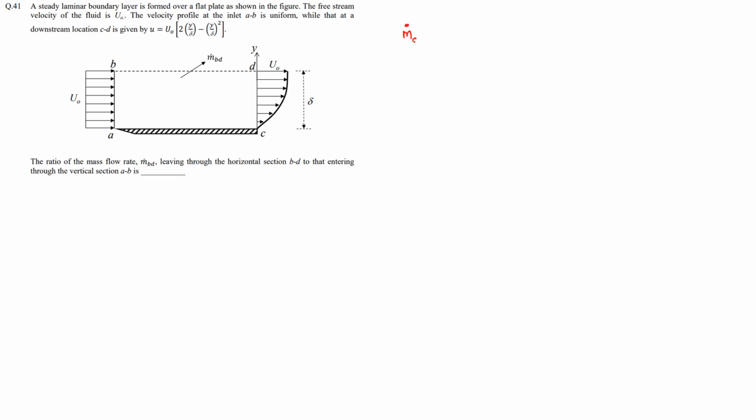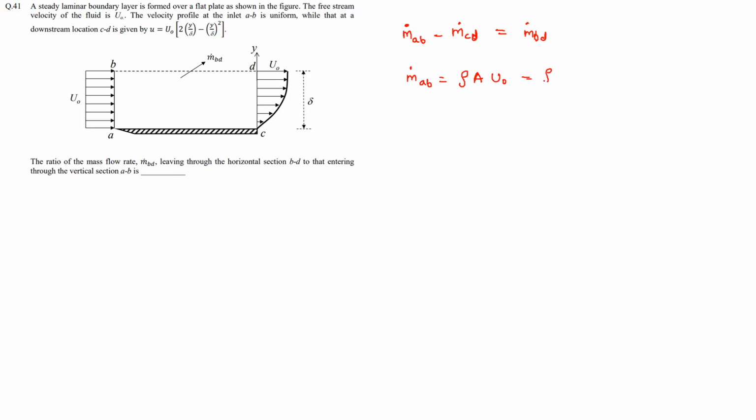M dot AB minus m dot CD, this is small d, has to be equal to m dot BD. So this is simple mass conservation. And if you calculate m dot AB, since the velocity is constant here, you can just write rho times Q, which is area times u naught.